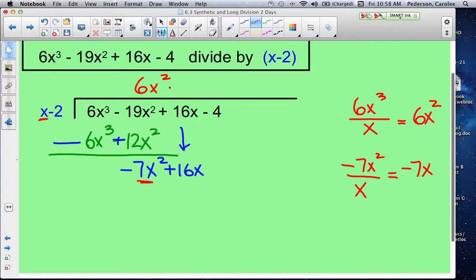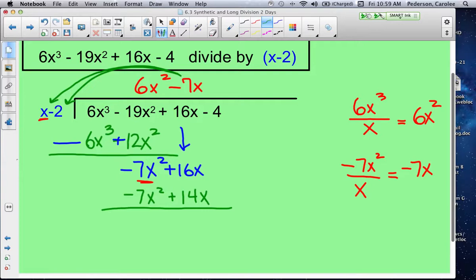So that was what's up on top. And now I multiply again what's out in front. So -7x multiplies to x, so I get -7x squared. Then I take -7x times -2 is positive 14x.